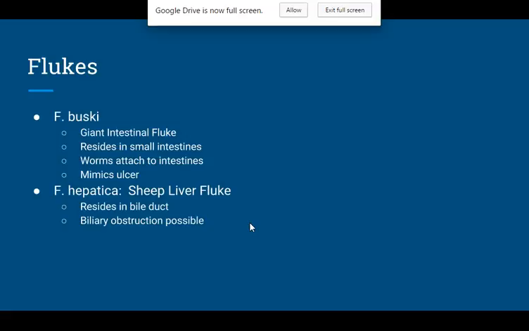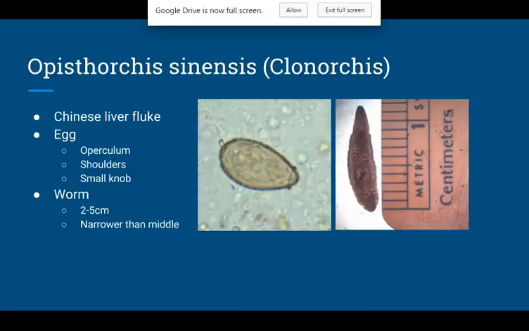Abdominal pain, diarrhea, even constipation, anemia, eosinophilia, fever, headache. The things that I put on the PowerPoint are the things that are unique. And again, like I said with Unit 1, don't just study my PowerPoints. There may be information in your notes that is going to be on the test.